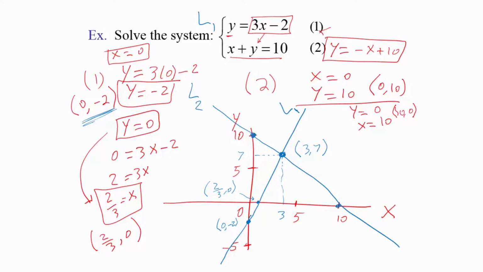So that's a graphic representation of these two lines, line number 1 and line number 2, and their intersection. This is the common point. So the two lines cross each other, therefore they have a unique solution. Again, the unique solution happens at the x of 3 and y of 7.